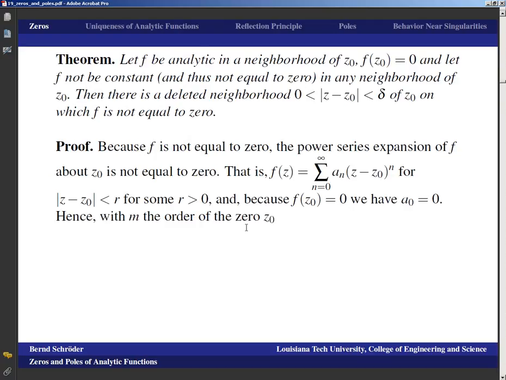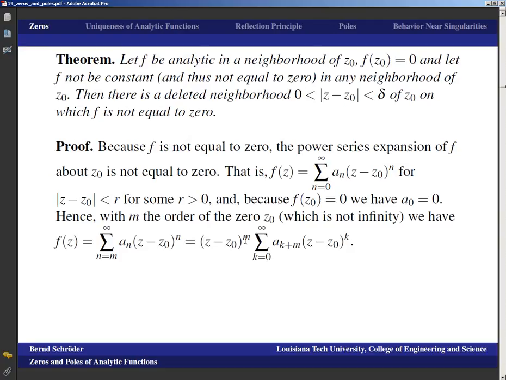So with m being the order of the 0 at z0, which is not infinity because the function is not identically equal to 0, we have that f of z is the sum n equals m to infinity a_n times z minus z0 to the n, which is z minus z0 to the m, sum k equals 0 to infinity a_(k plus m) times z minus z0 to the k, similar to what we've just done a couple of panels ago.